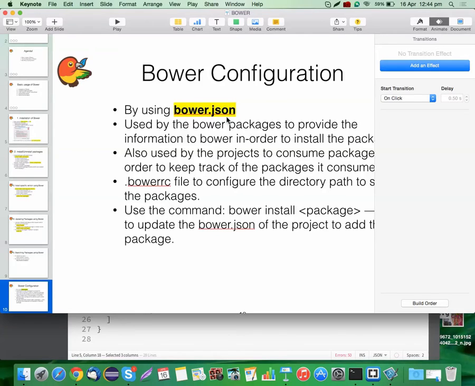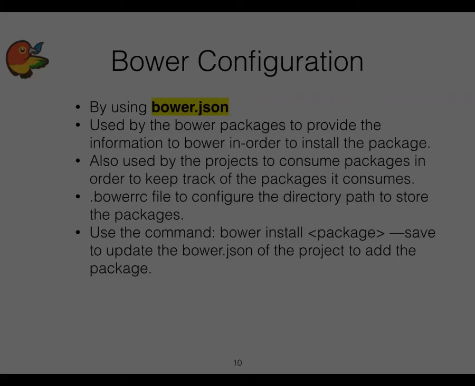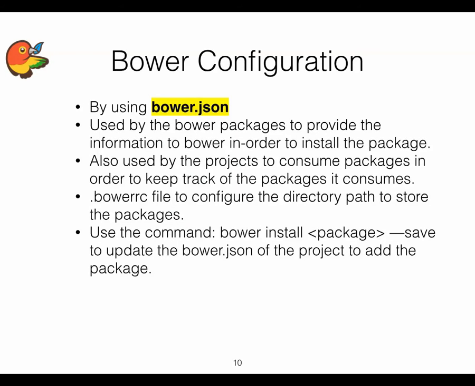Now there is another thing as well. This bower.json, we can define in our project as well, where we need to keep track of all the third-party packages which we are using.